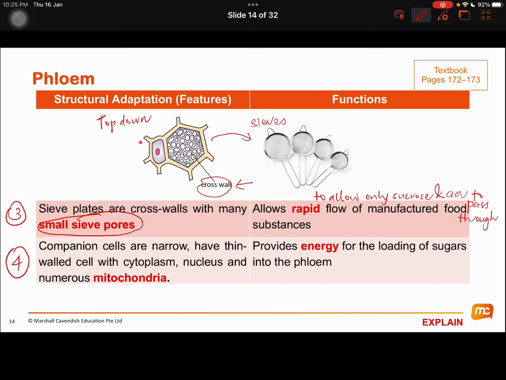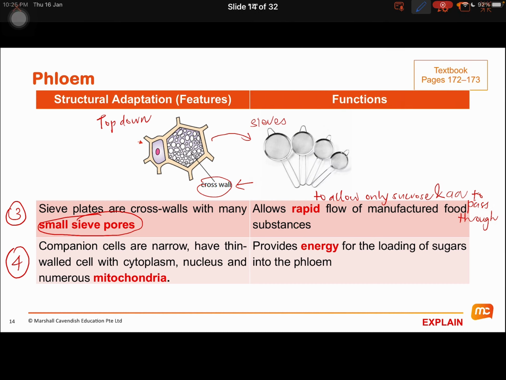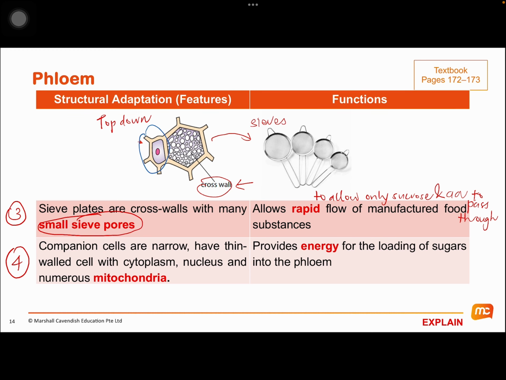And last but not least, as seen over here in the diagram, each sieve tube element has a companion cell. Since the sieve tube does not have a nucleus, it cannot do many cell activities.